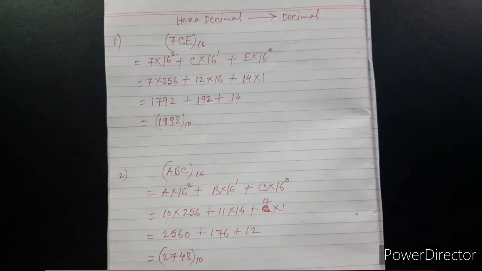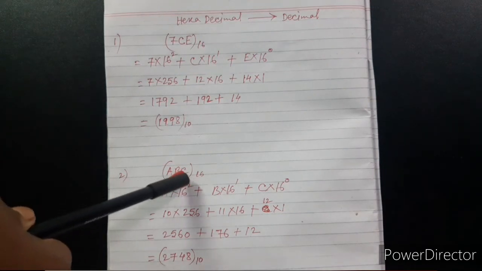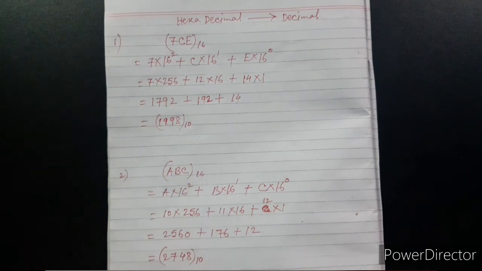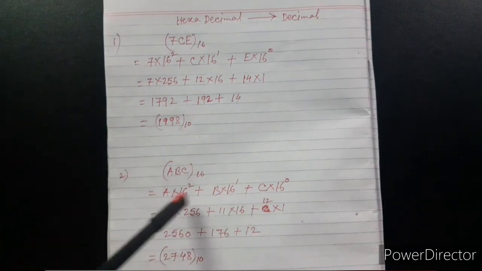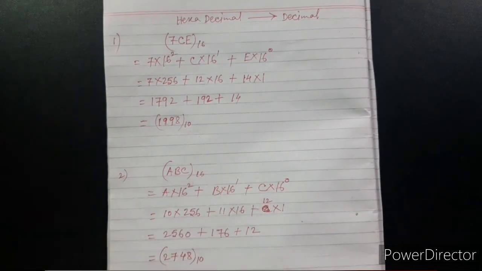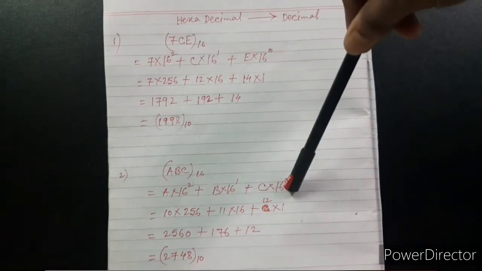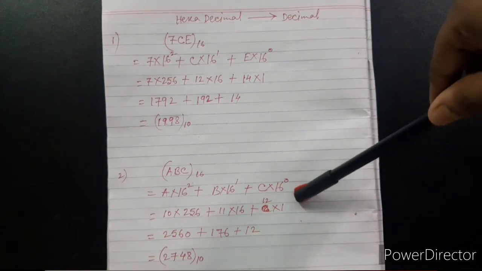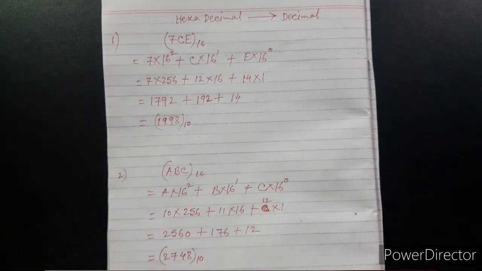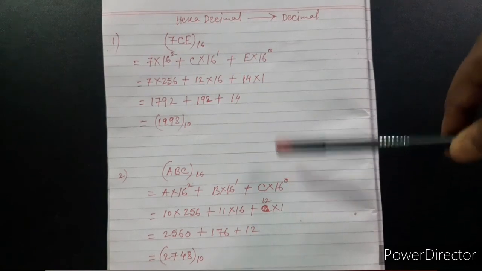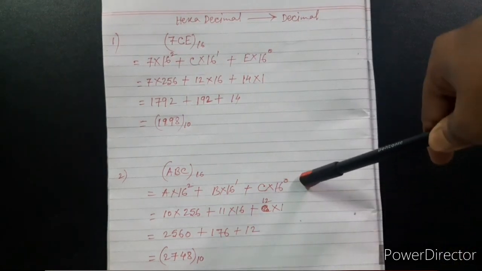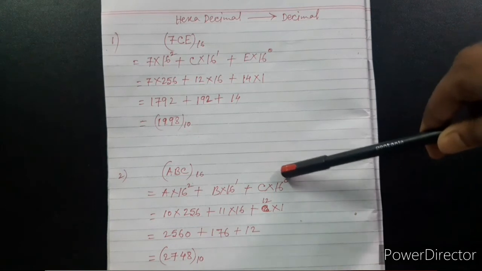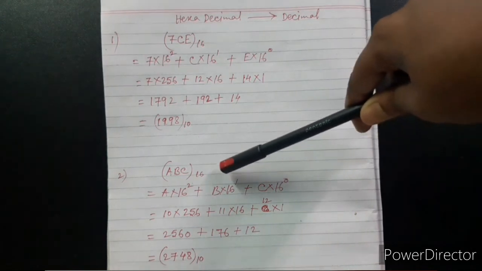Now the next example, the number is ABC base 16. First we write the digits A, then B, then C and multiply this digit by the destination base and start the power of 16 from 0 from the right side and then write these powers in increasing order.